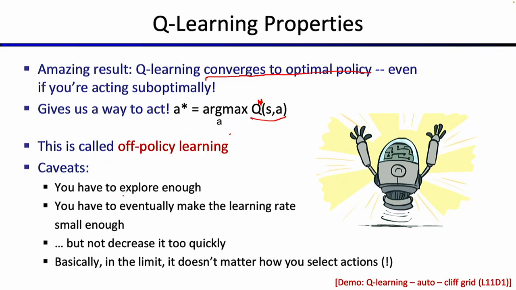But then, of course, there are caveats, which we're going to talk about, such as exploration. There are additional caveats: you have to make the learning rate small enough, as you've pointed out, but you also cannot decrease it too quickly. So this is something that typically still gets tuned by hand, unfortunately.